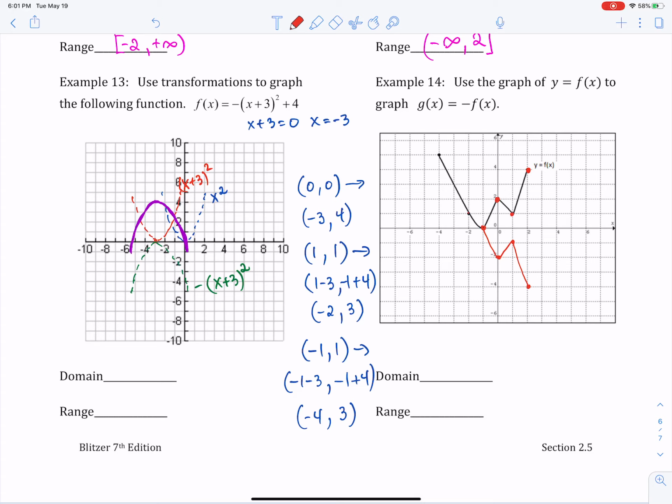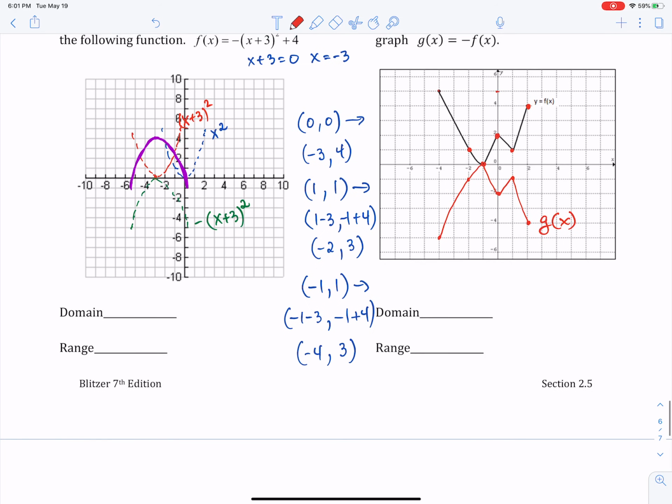Now that point for y, which was 1, with the negative in front of it, becomes -1. And here that looks like being 5, with the negative value it's going to be -5. And it looks like it's a little bit curved here. So here, that's g of x.